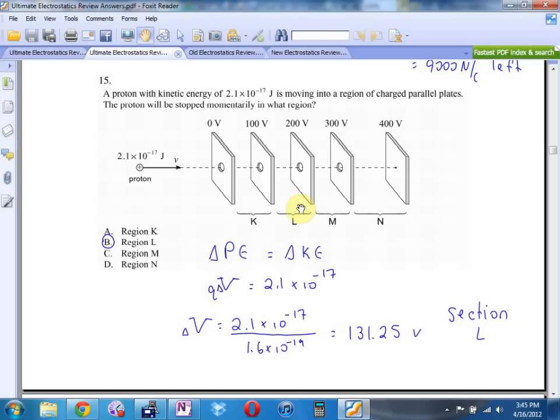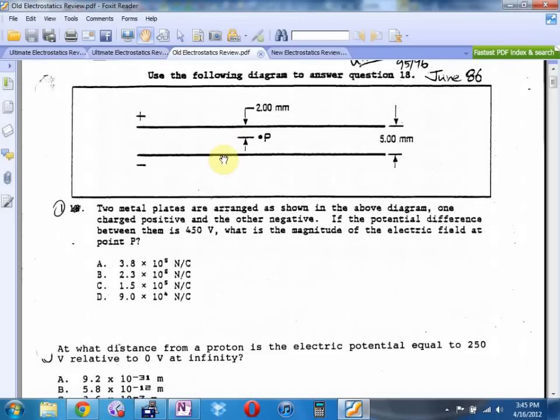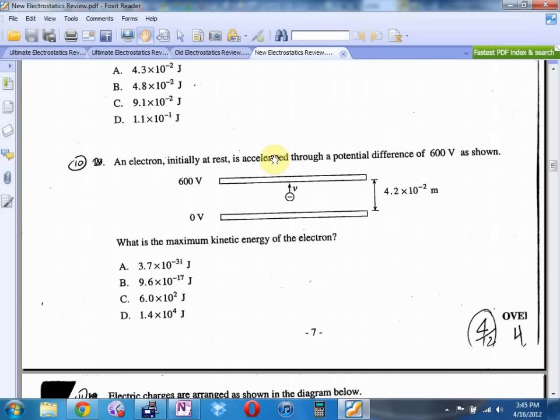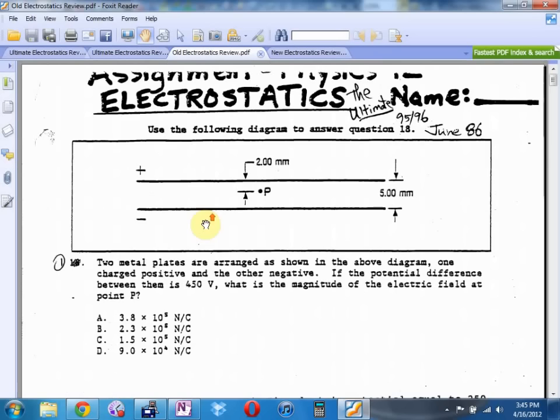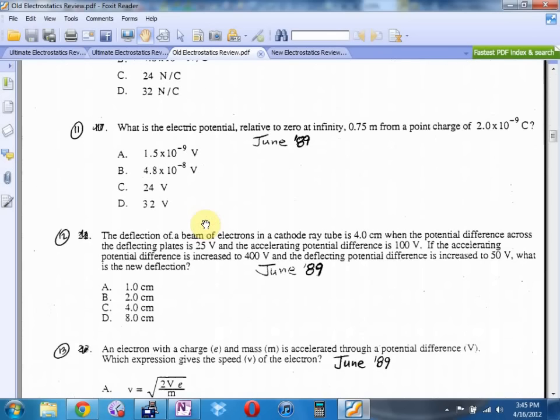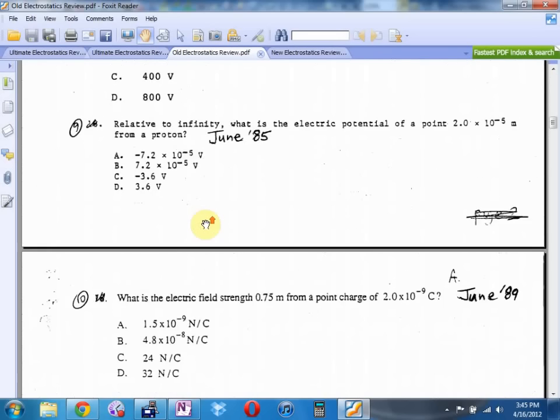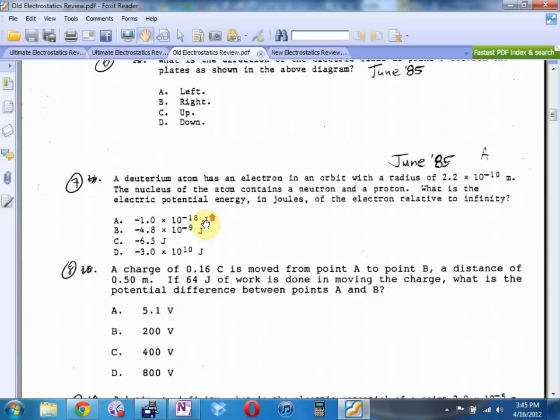So if you're looking for extra practice, I did send out this one along with a solution key, and this one along with a solution key. You'll find there's some overlap between this one and the one I actually gave you, but this one here is all stuff from the 80s that was never electronicized. In fact, let's see, can I find an 87?